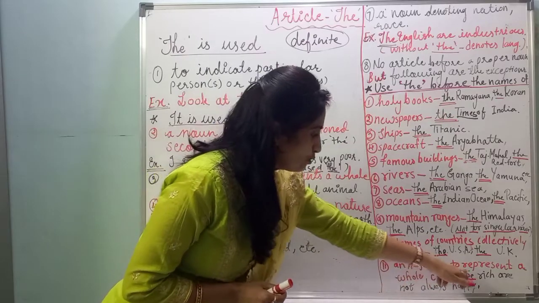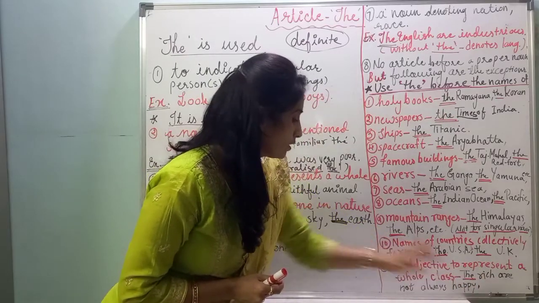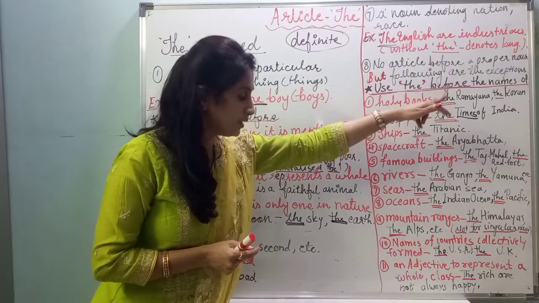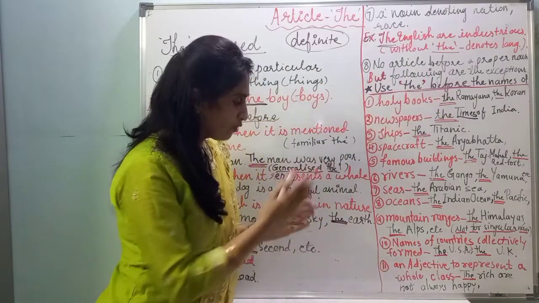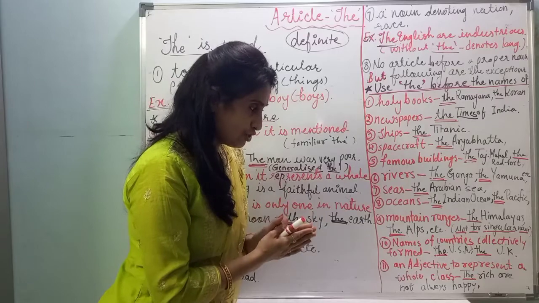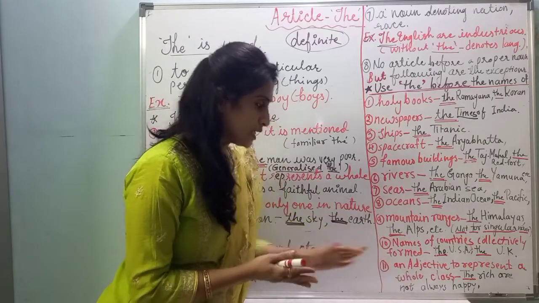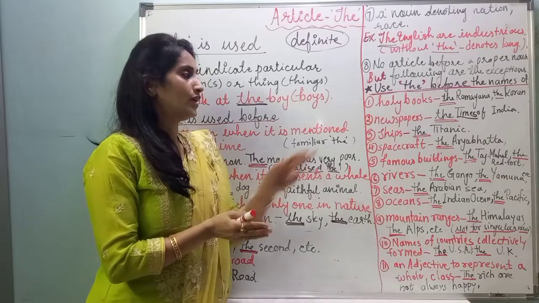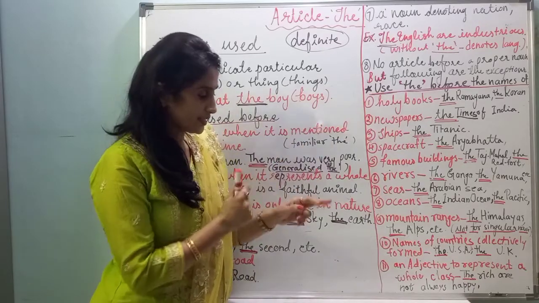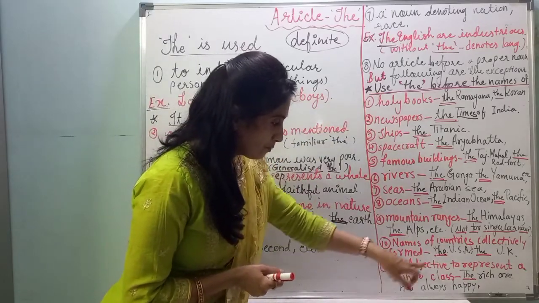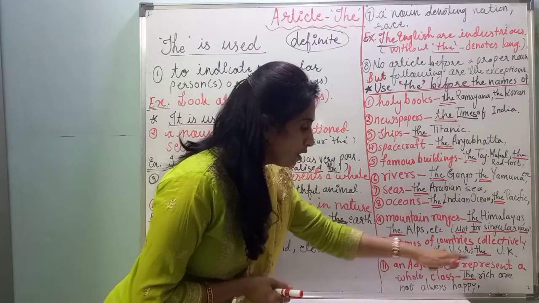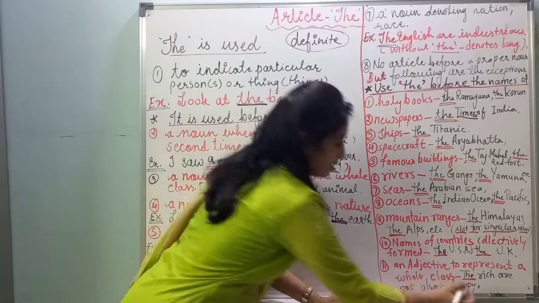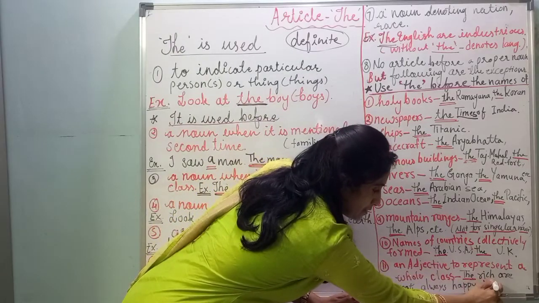The next is before an adjective to represent a whole class. So, use the before the names of. Means if you are talking about an adjective to represent a whole class, that time also you should make use of the article the. For example, see here, the rich are not always happy. Here, the rich means what?